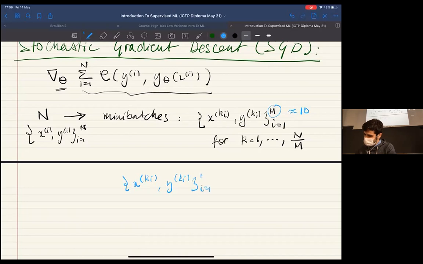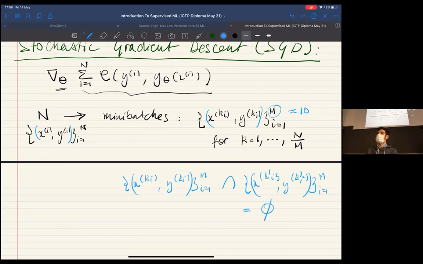Let's say you take the intersection with another mini batch, (x_k'i, y_k'i). It is empty, so they have no samples in common. These mini batches are sets of pairs. One sample is a pair of input and output.